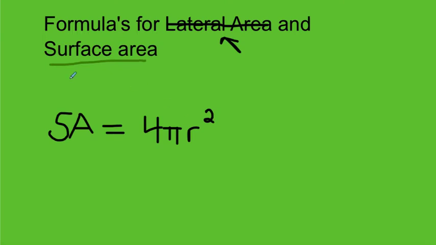And then, of course, we can leave it in terms of pi if we need to. So, if we have a sphere that has a radius of, say, 6, okay, so we have r is 6, that would be 36 times 4, which is 144, and so my surface area would be 144 pi.